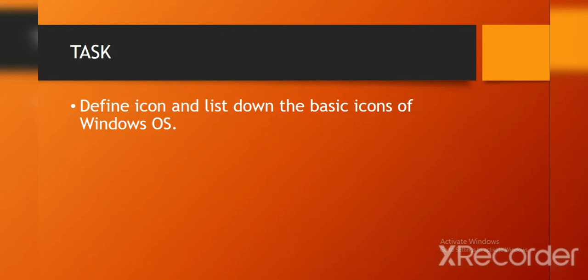From the exam point of view, you should know the definitions of these basic Windows icons, for example recycle bin, my documents, or shortcut. So this is your task for today.